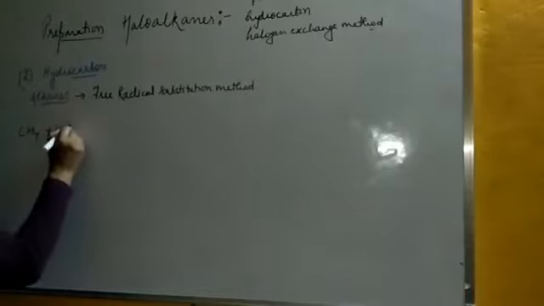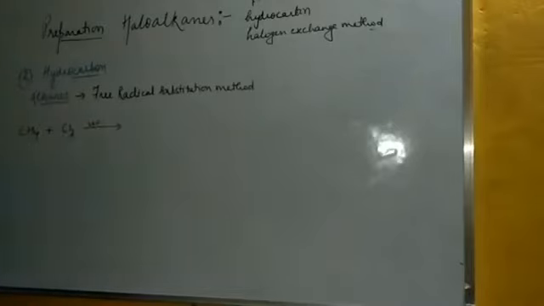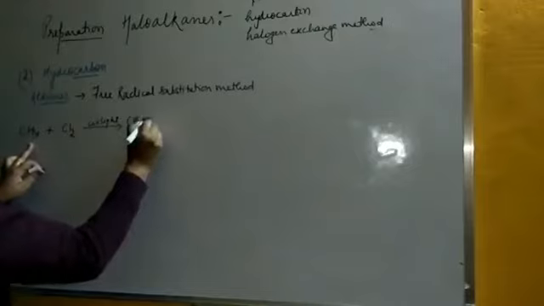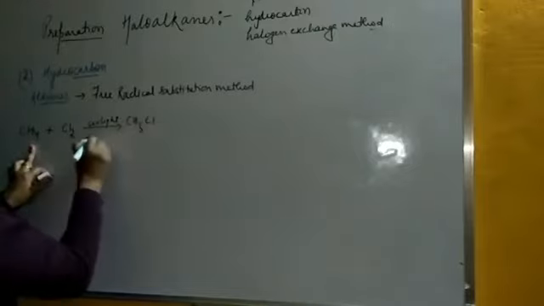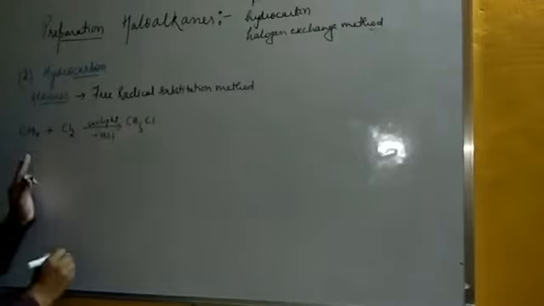For example, if we have CH4 and halogenation, let it be chlorination, is done in the presence of sunlight, ultraviolet light, we will get CH3Cl formed along with HCl.